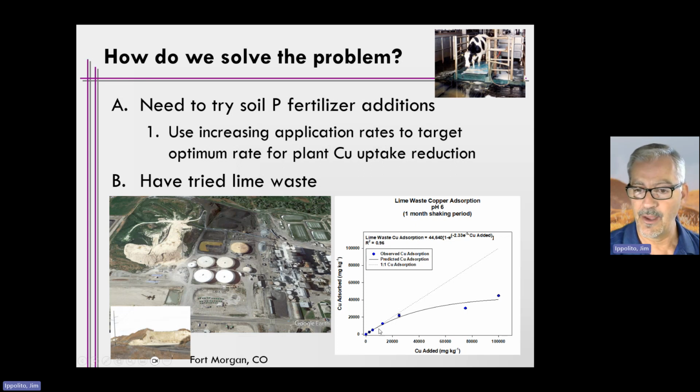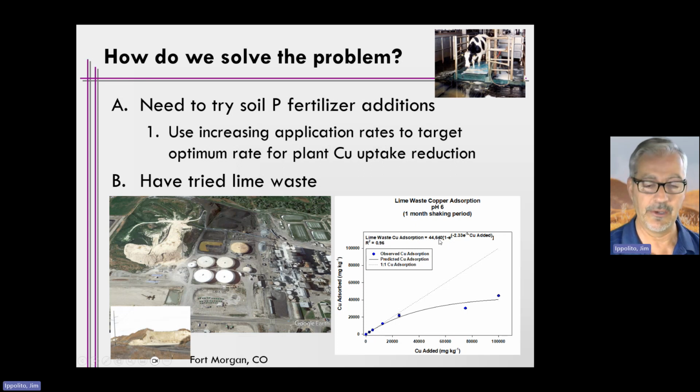There's a dotted line, which is a 1-to-1 line. The blue circles represent the amount of copper adsorbed onto the lime waste, and it follows a rise to a maximum. The line fitted within those blue circles tells you something. Here's the equation, an exponential rise to a maximum equation.